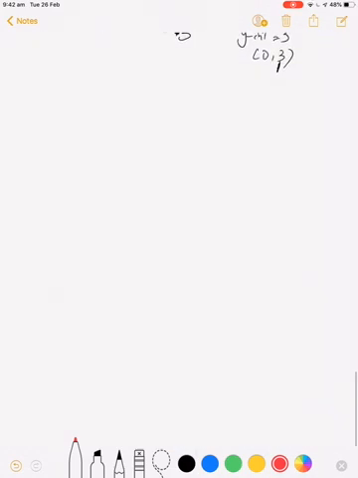Okay, now sometimes the quadratic doesn't look very similar to your turning point form. Okay, for example, your example 21.